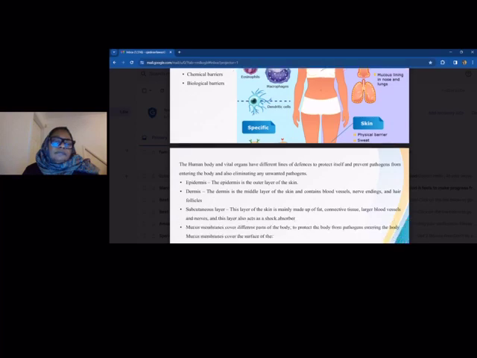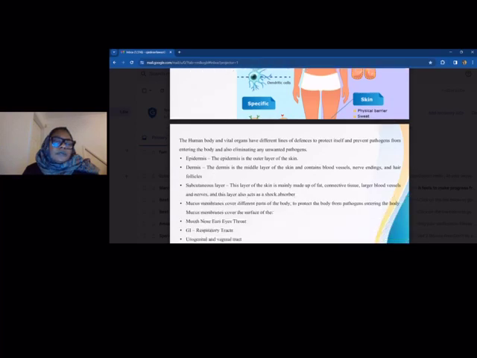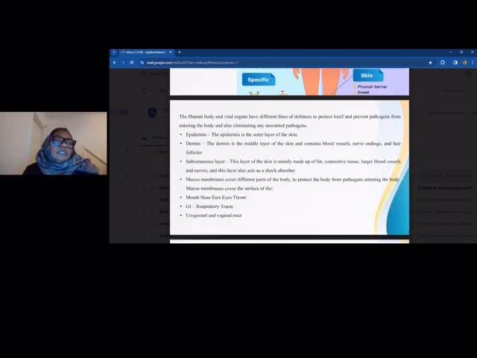This is slide 5. In this slide, this is showing us the mucous membrane too, in the diagram: the mouth, nose, and GI, respiratory tract, the vaginal tract, and the urogenital tract.